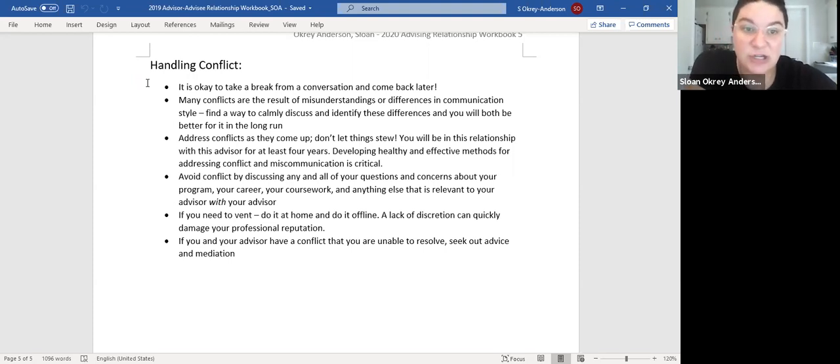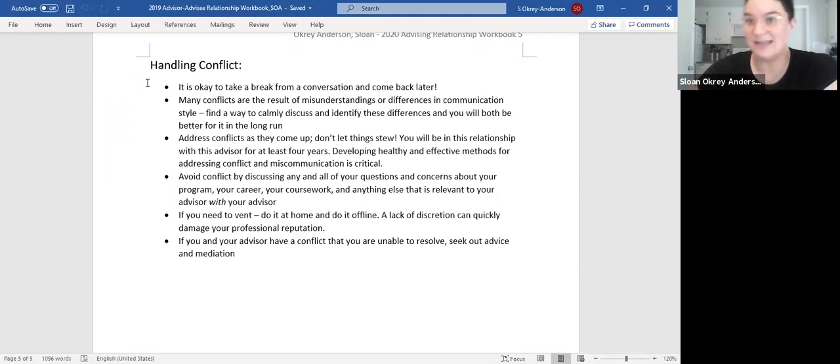The other thing is to make sure that you address conflicts as they arise, because we're all family and relationships people. We all know that if you have a resentment about something, it will only grow with time. They usually don't go away.